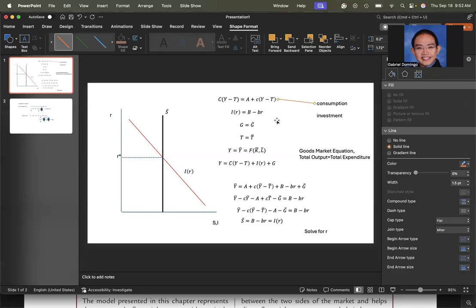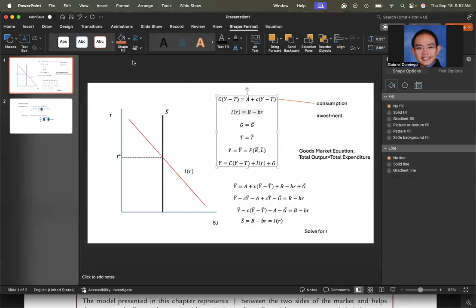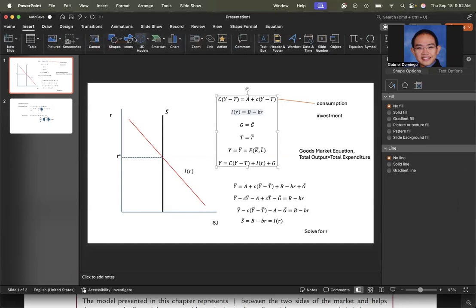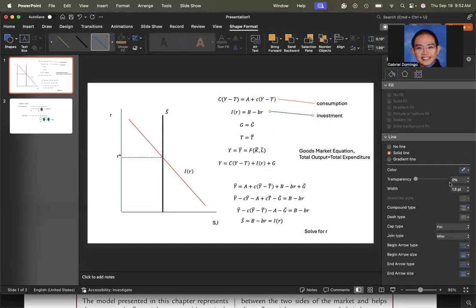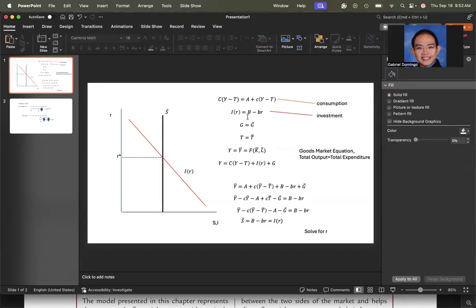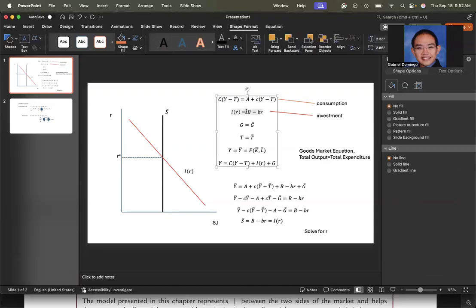Next is your investment line. Now, your investment line will also have a part B that's not related to the real interest rate. But take note that it's minus BR, where B itself is some positive number.